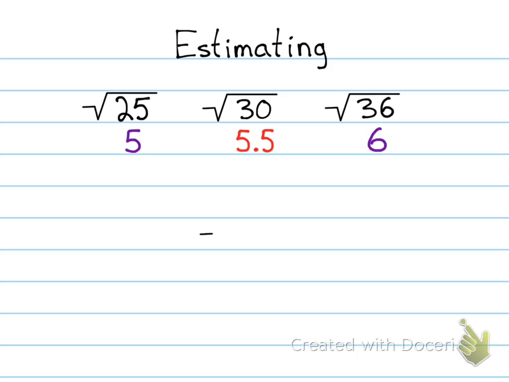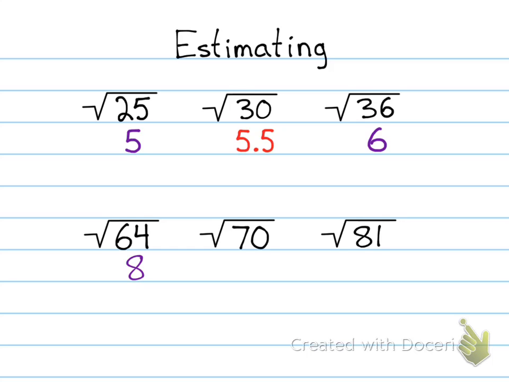So let's look at another one here. If I have the square root of 70, this is not a perfect square, so I'm going to look before and after 70 for my perfect squares. I know before 70 I have a perfect square of 64, and after 70 I have a perfect square of 81.